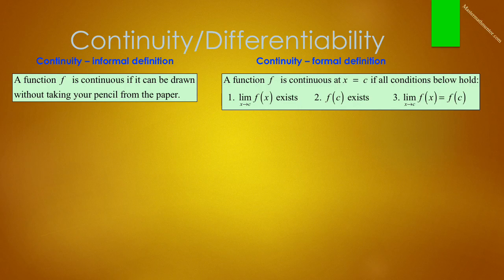And finally, L1 must be the same as L2. If a function is continuous at all values of x in its domain, we then say it's a continuous function. A function can be continuous in certain sections of its domain and discontinuous at others.